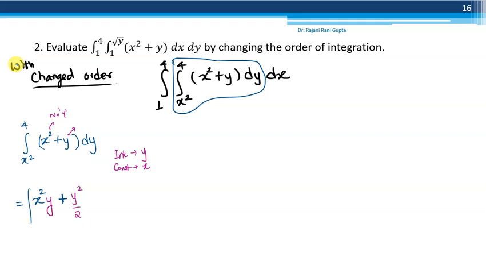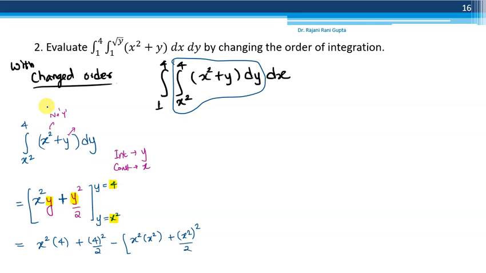Okay, so let's substitute the values. Y is from x squared to y equal to 4. So first you will replace y by 4, and then by x power 2, giving you x squared times 4 plus 4 square over 2 minus x square times x square plus x power 2 and power 2 over 2.